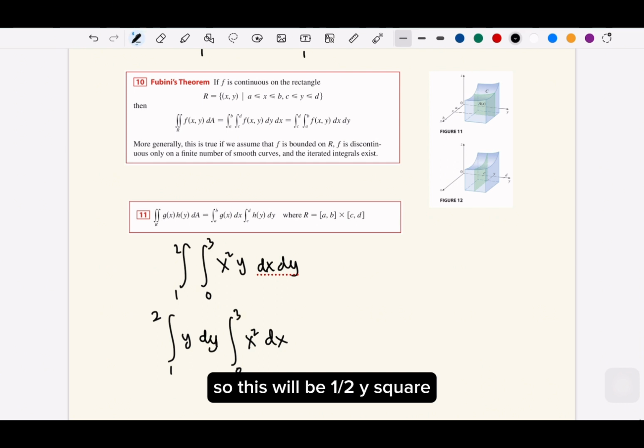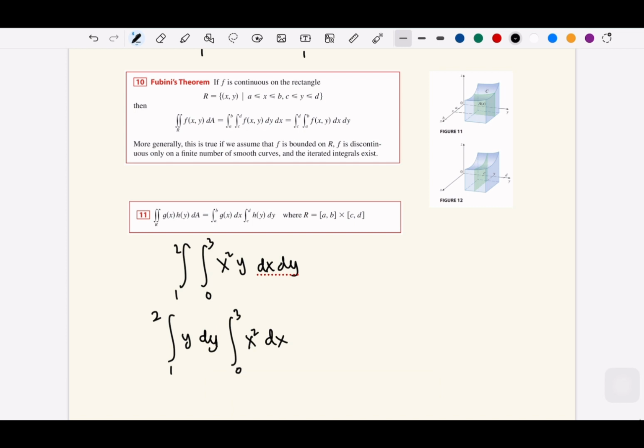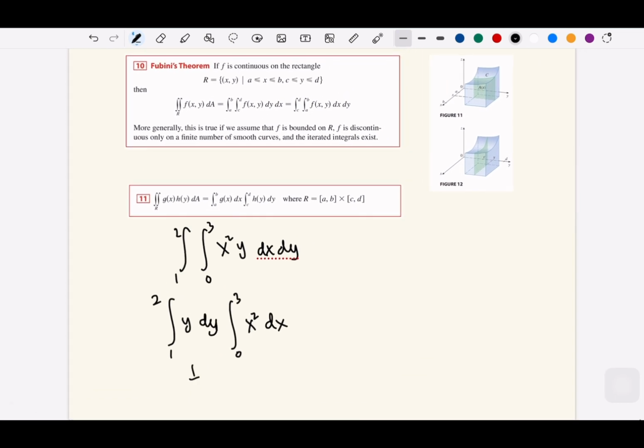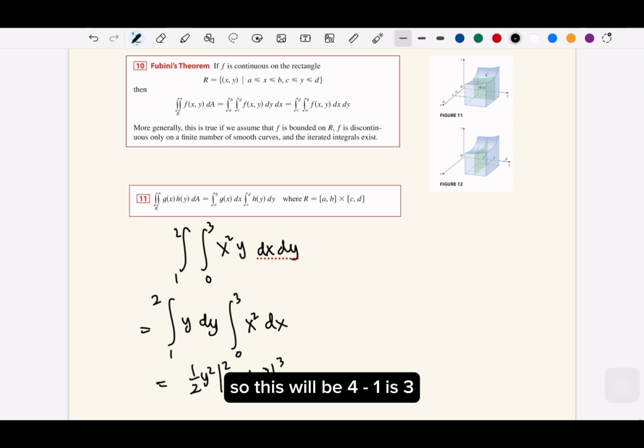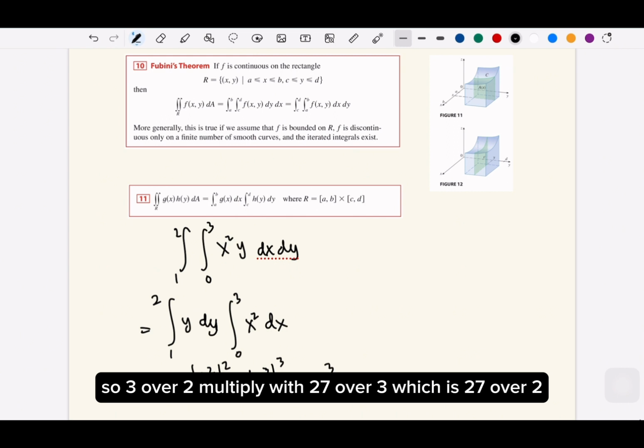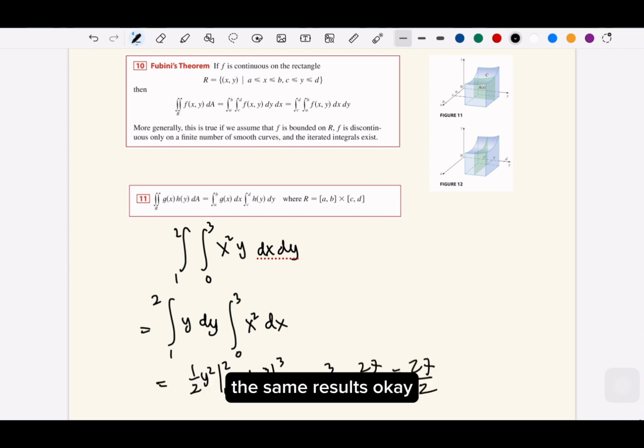So this will be a half y squared from 1 to 2, and 1 over 3 x cubed from 0 to 3. This will be 4 minus 1 is 3, so 3 over 2 multiplied by 27 over 3, which is 27 over 2. The same result.